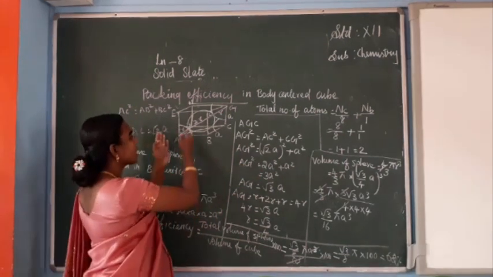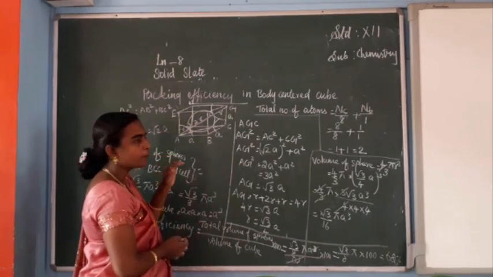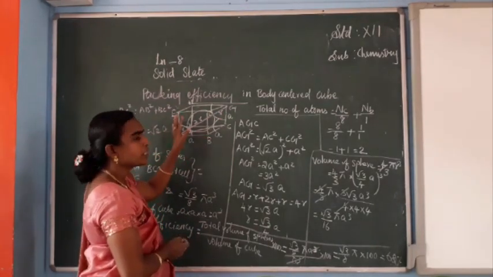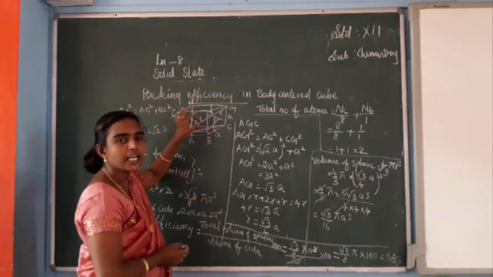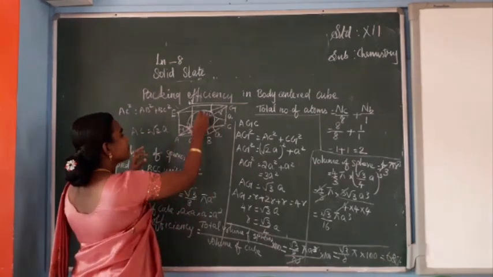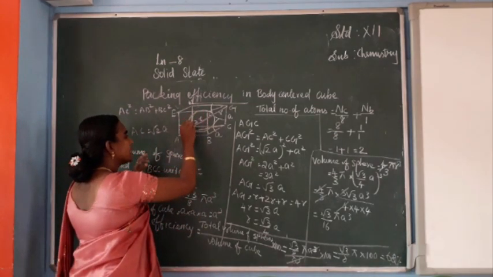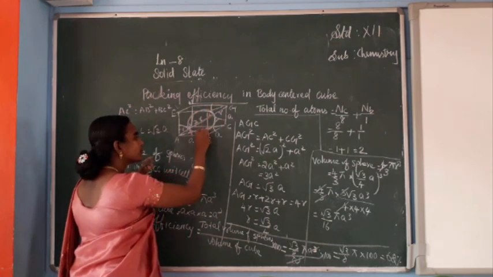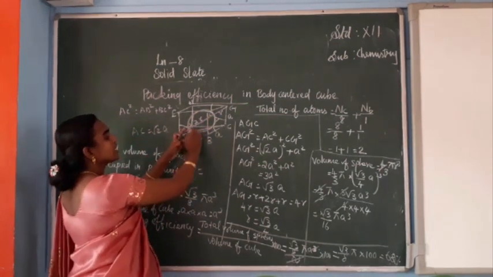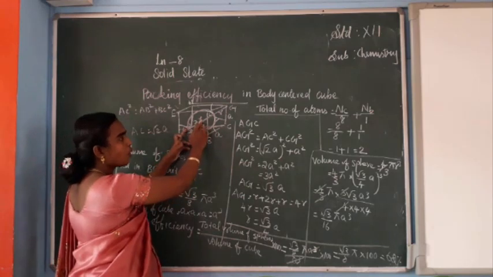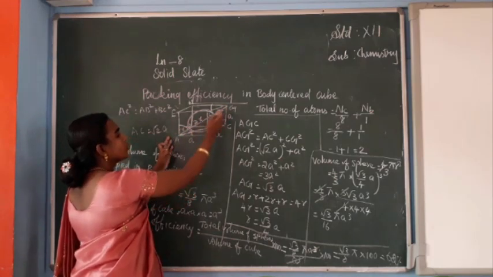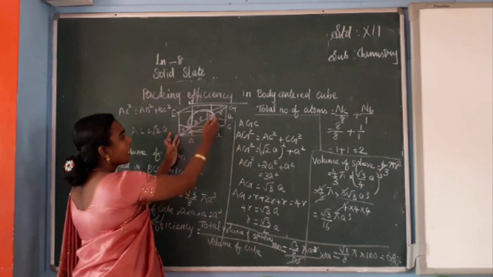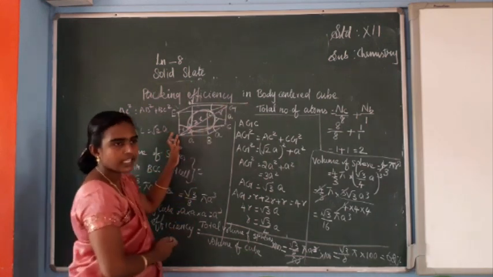So from this we can form a body-centered cube. Along with the corner atoms, it is having a sphere at the center also. So this sphere I have drawn here, at the center. Okay, so its diameter will be taken as 2r. So this distance will be r and this radius also will be taken as r.